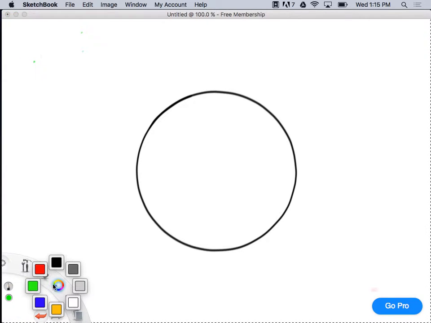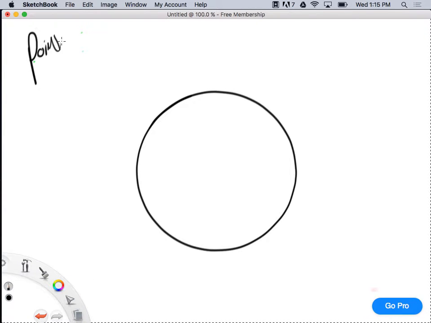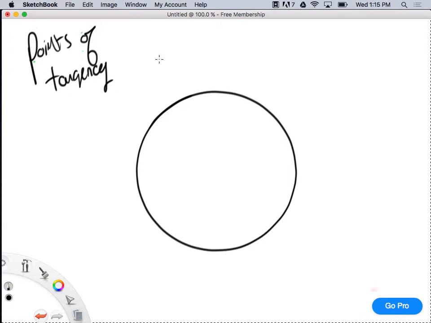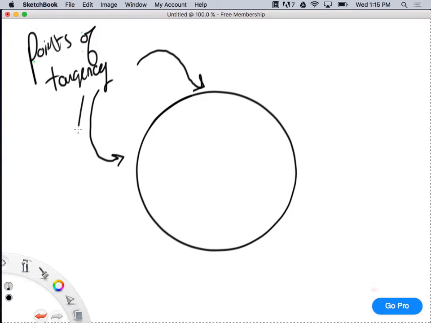Let's see if I can do something cool. Look, they're called points of tangency. So look, that's a point of tangency. That's a point of tangency. That's a point of tangency.